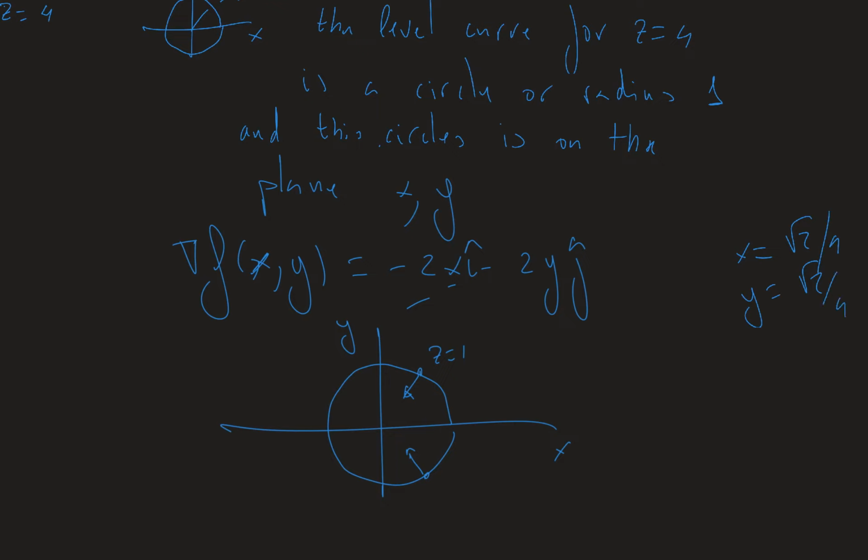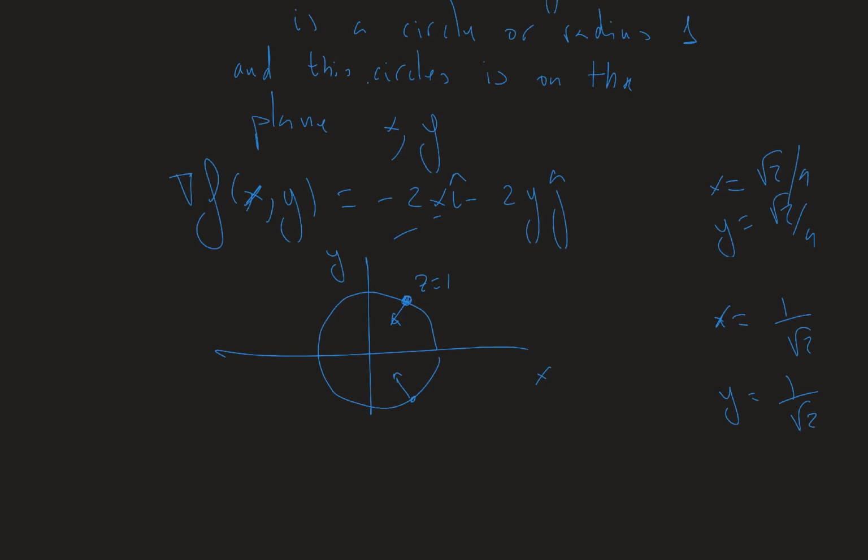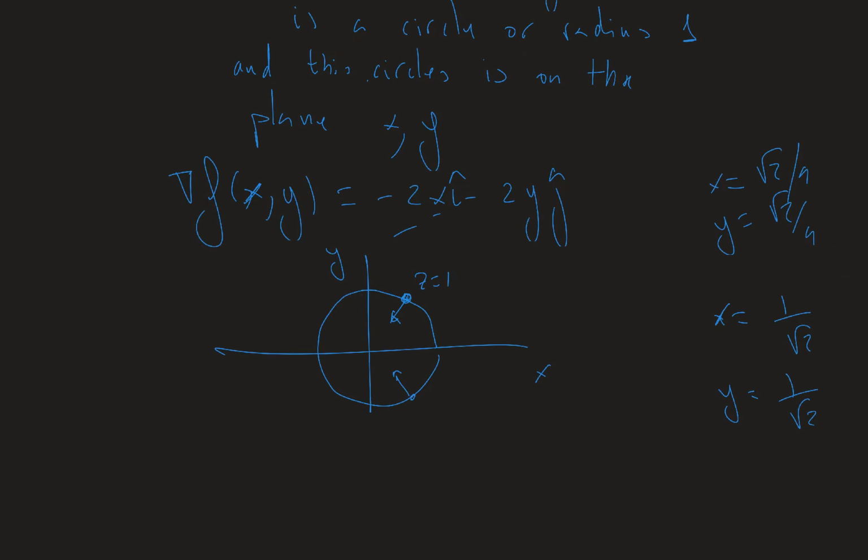Okay, so if you choose the point x equal 1 divided by square root of 2 and y equal 1 divided by square root of 2, now this is a point that is on the circle, on the level curve. So if you choose this point, the gradient is pointing in the direction minus 2 multiplied by 1 divided by square root of 2 i minus 2 multiplied by 1 divided by square root of 2 j.